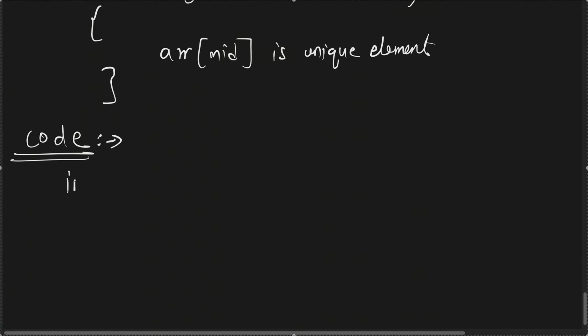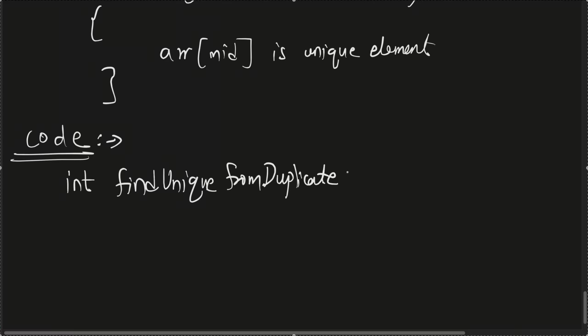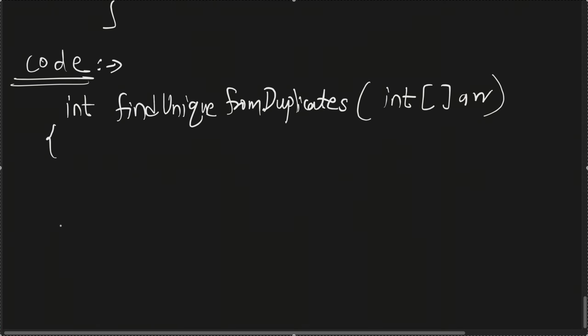So let's define the function find unique from duplicate, and we are taking an array as parameter.